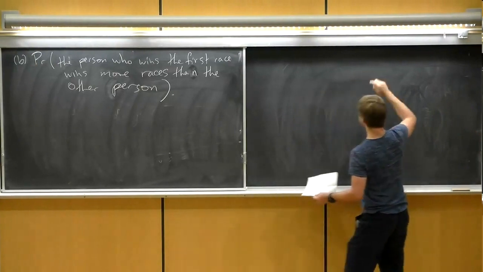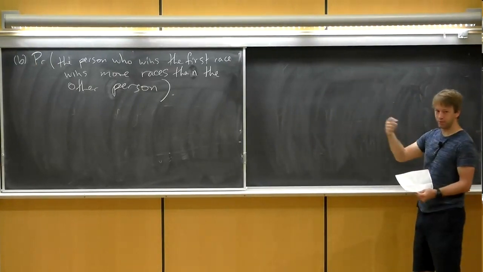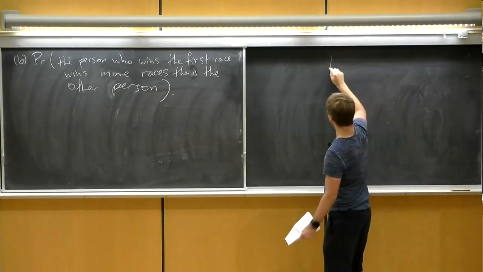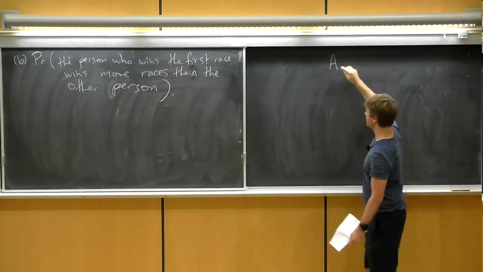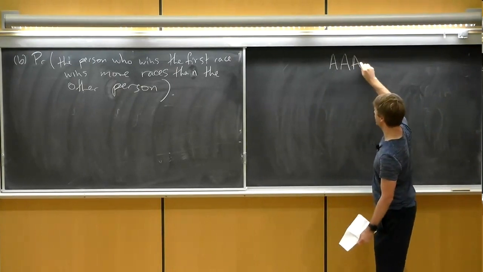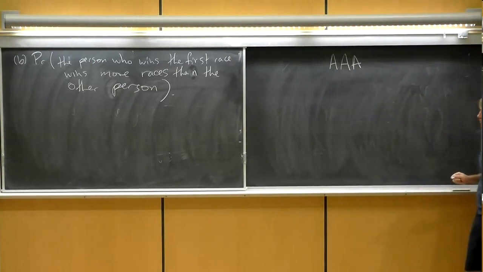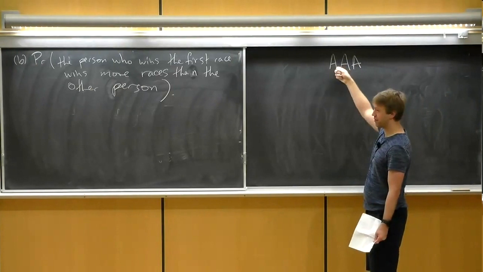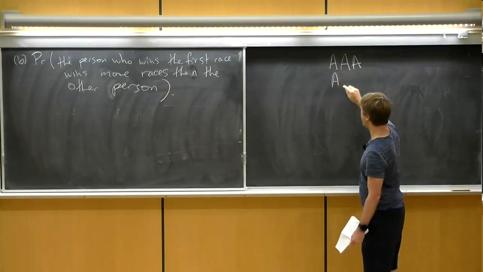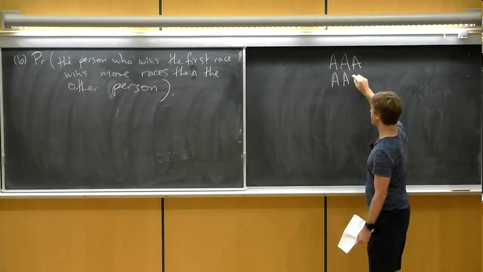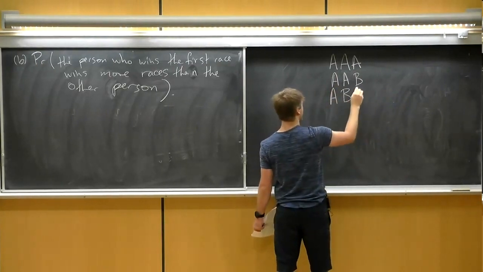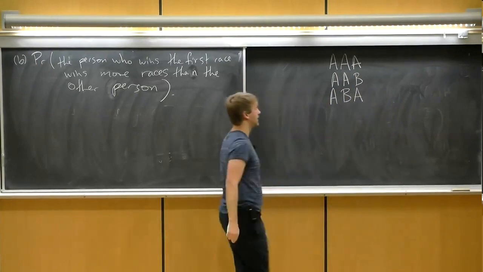So we first need to figure out what all our possibilities are here. It could be that Alice wins the first, and then she just wins everything, right? That's one possibility for the person winning the first one to win more. It could be that Alice wins the first one, wins the second one, and then loses. Wins, loses, wins.